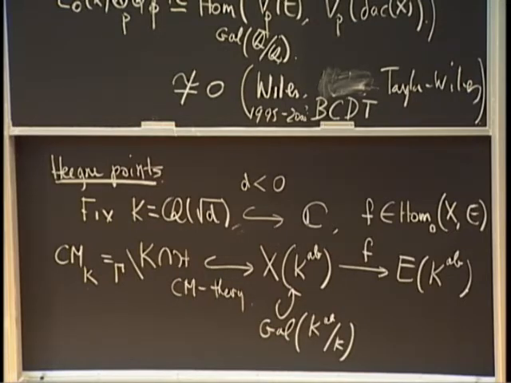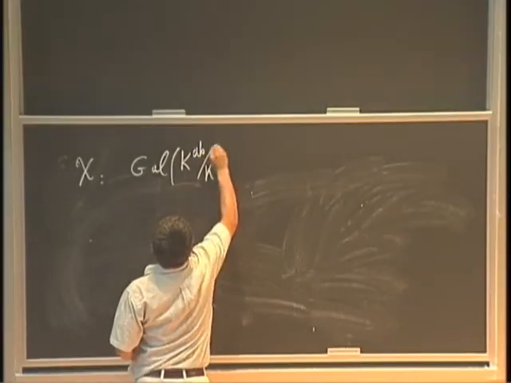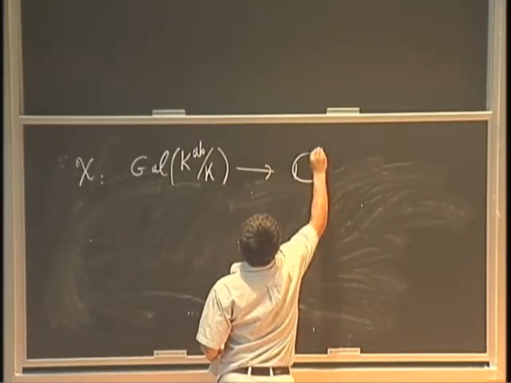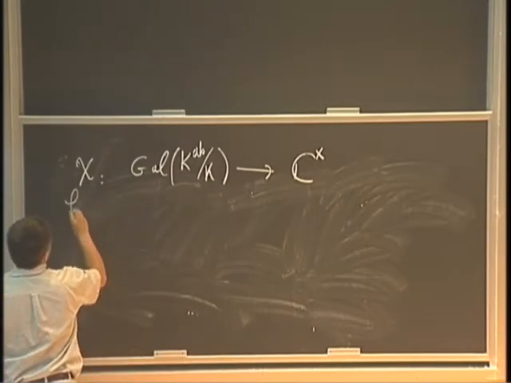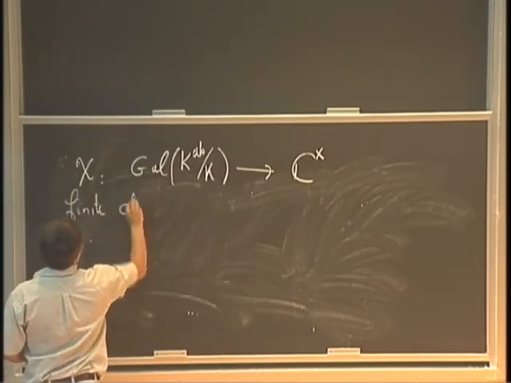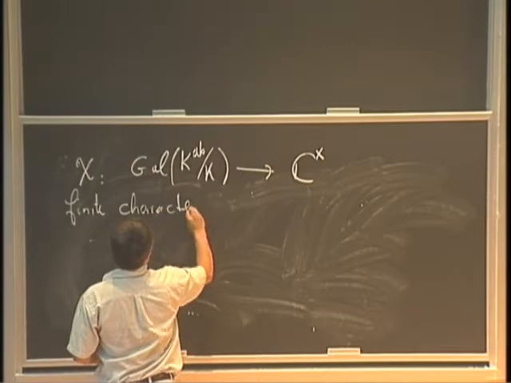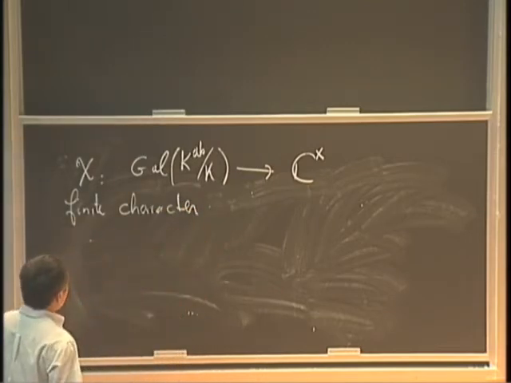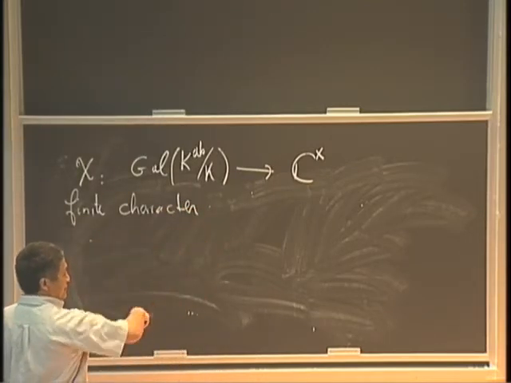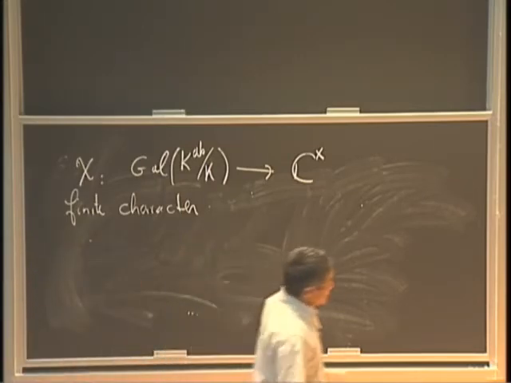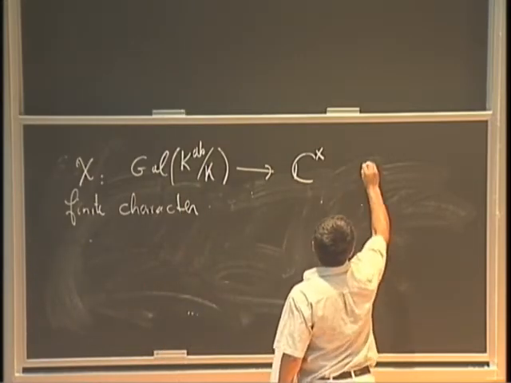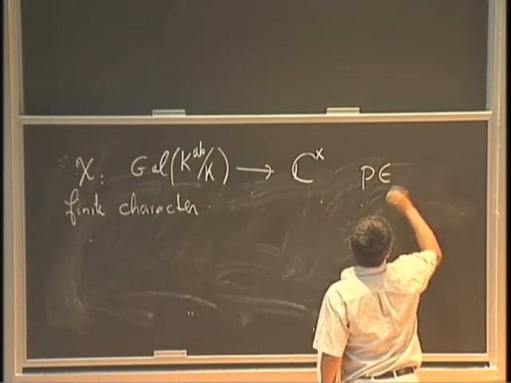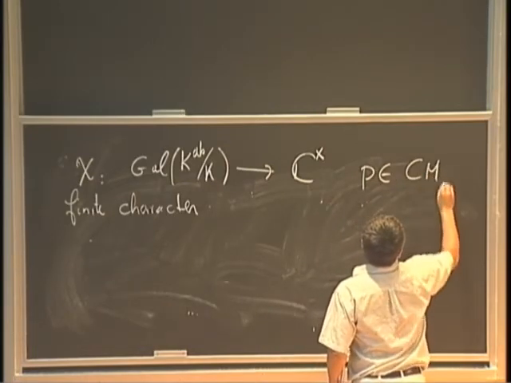By taking a character, I start with chi a character from Galois of K^ab over K to the complex numbers. This is a finite character. Then I can fix one point here. Let's fix a P inside the CM points of gamma.